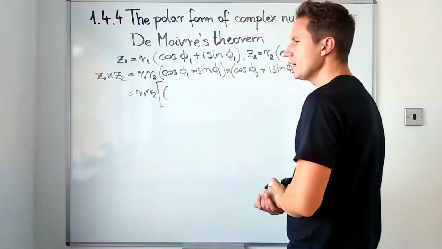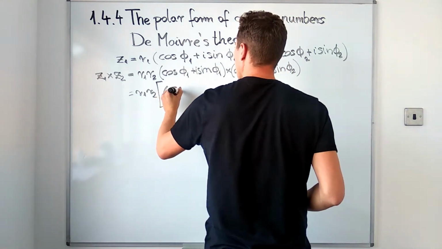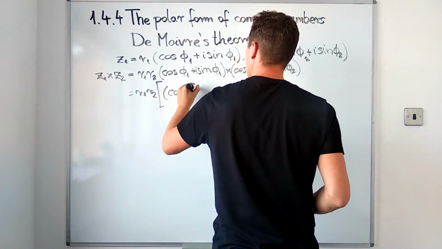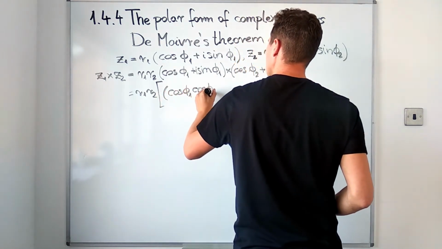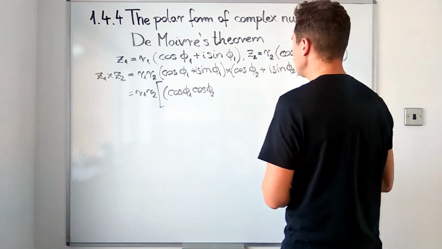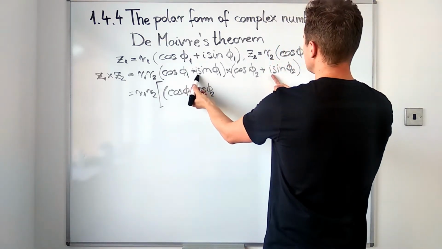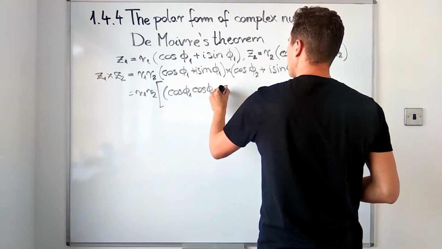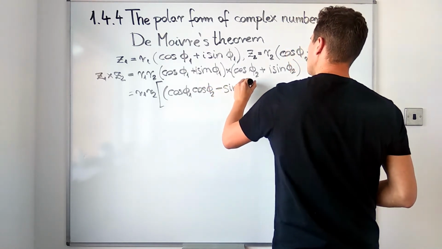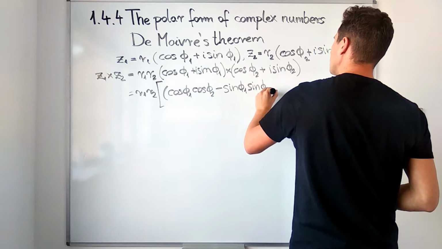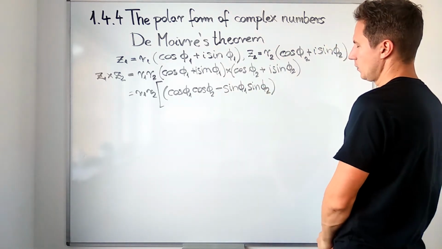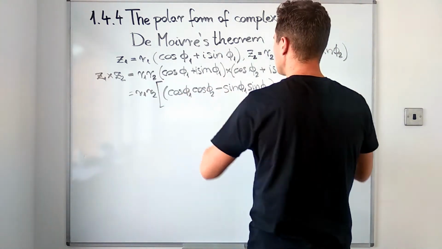is, well, for the real part, what do we get? We get the product of the cosines, cosine of phi1 times the cosine of phi2, minus, because of this I squared, the product of the sines of phi1 and phi2. This is the real part of this product.